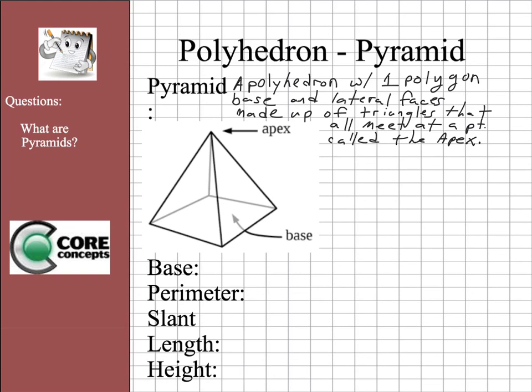So when we're dealing with pyramids, we want to know a few things about them and where we can find information. Base. The base is a polygon. Okay, a polygon. It is this shape down here that is perpendicular to the height.